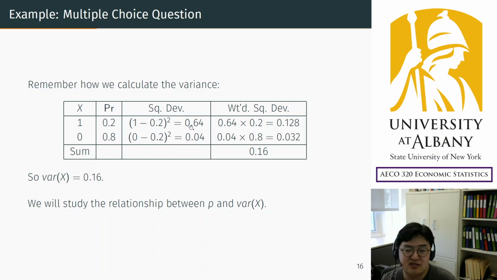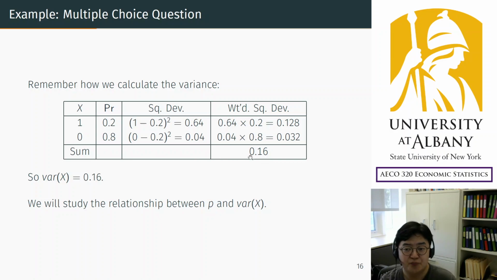And then to these squared deviations, we multiply the probability. So 0.2 times 0.64 equals this, and this probability to this squared deviation, you get this. And then finally sum these numbers, the probability weighted squared deviations, you get 0.16.